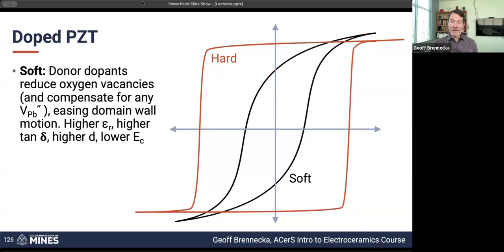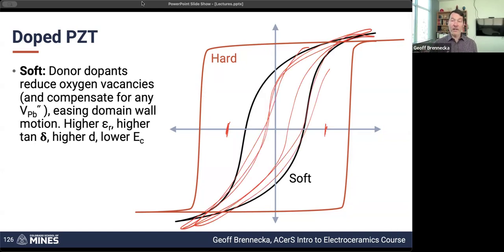Well, that's great, unless you want to actually operate at a field somewhere out here. So if you wanted to operate at a field somewhere in this range for the soft PZT, you would be cycling around this entire loop over and over and over again. And the material will end up fatiguing and breaking. And all of the area within this loop, there's loss associated with that.